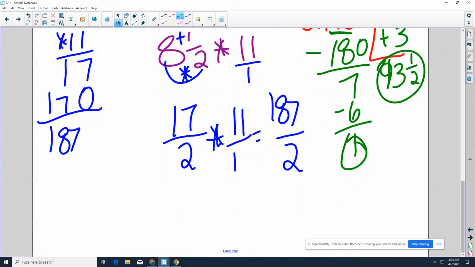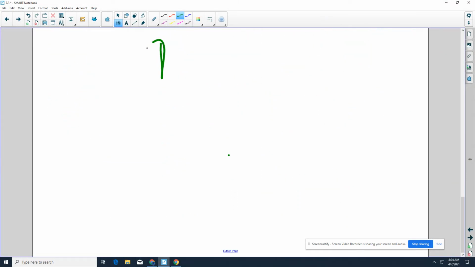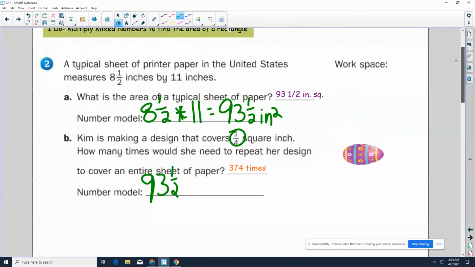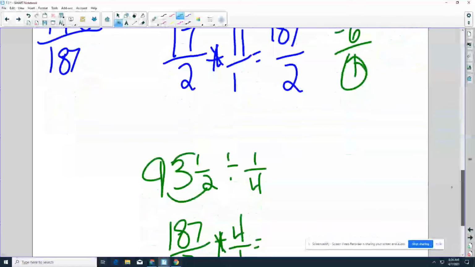Let's get some new workspace here. Converted those back, I would get 187 halves, and I would multiply it by the reciprocal, and then you would work that out there and multiply across, and you would see that you would get 374 times.